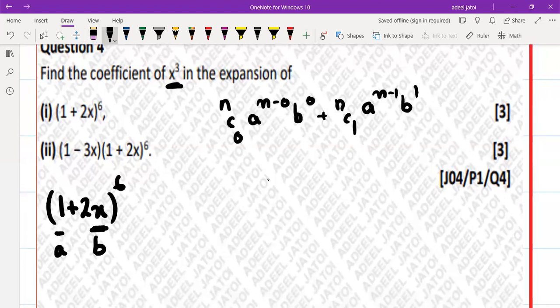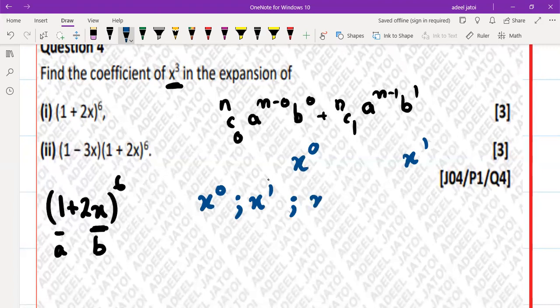If it comes under B, I can easily say that my first term value should be x to the power 0, because there is no other x other than x in part B. My second will be x to the power 1. So your first is 0, your second is 1, what is the difference? 1. That means then you will have x squared, x cube, and you will move forward.